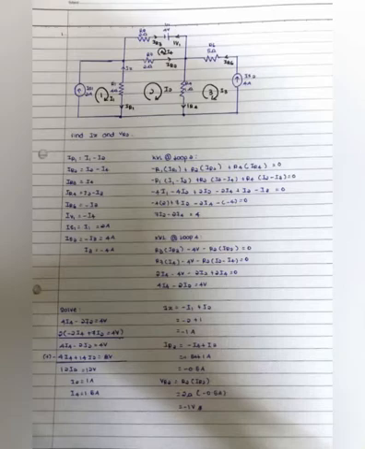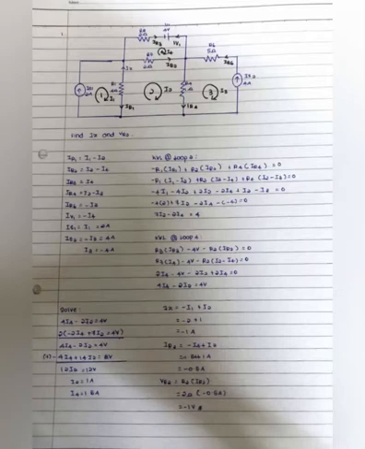It was because of the supply. We need to solve the KVL at node 2, meaning the I2. So we can see negative R1 plus R2 plus R4 is equal to 0.